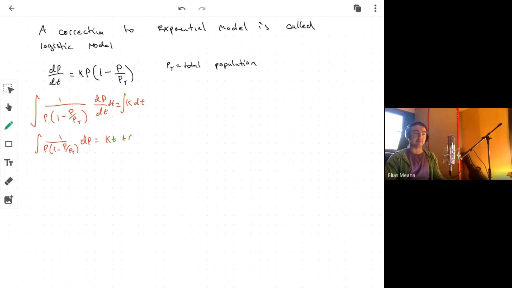And the left integral would be solved by partial fraction decomposition. So we would say this is A over P plus B over (1 minus P over PT).